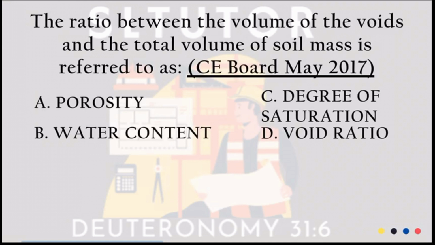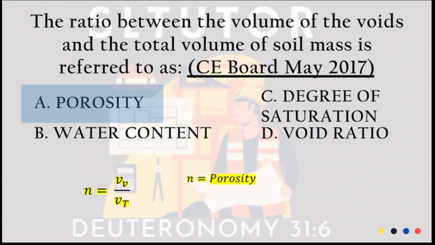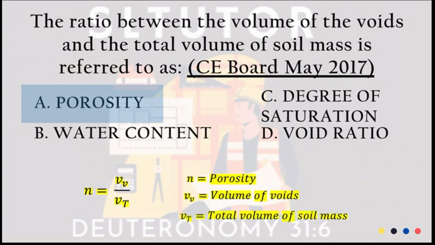So, the answer is letter A, porosity. So, ano po bang formula ng porosity in terms of volume? So, N is equal to VV over VT, wherein N is the porosity, V sub V, volume of voids, and V sub T is the total volume of soil mass.